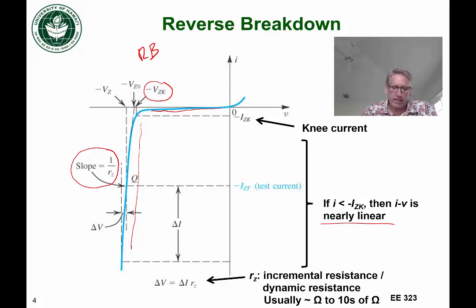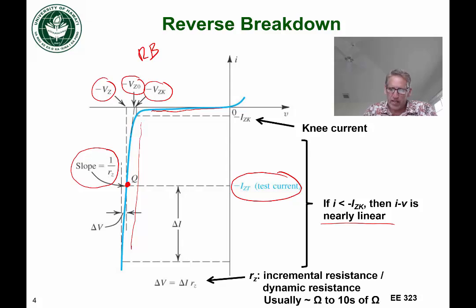And now if we take the intercept with the x-axis, we come up with this value of this straight line, this value VZ0. And then finally, VZ would be, if this is our operating point, for example, the voltage at that operating point. And then there's an associated current at that operating point.